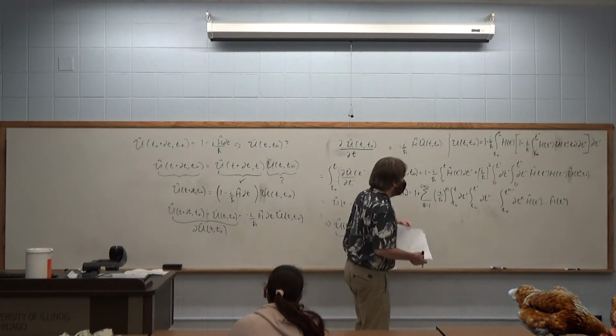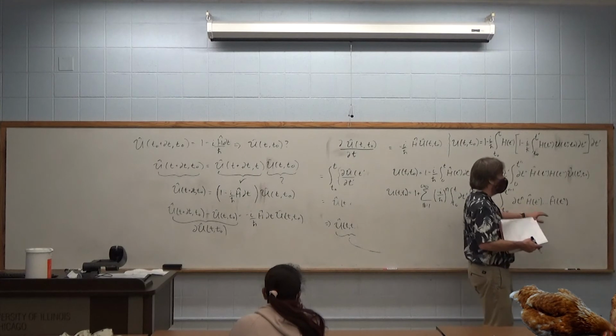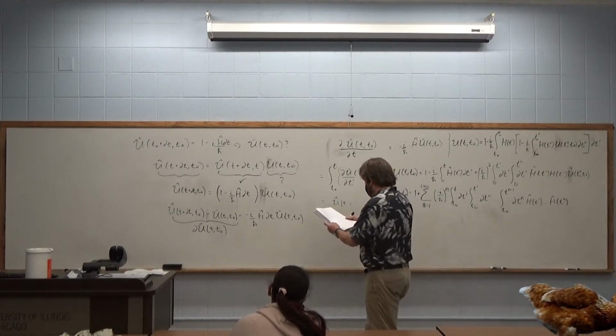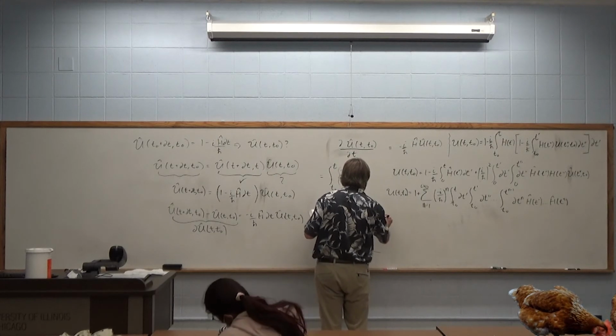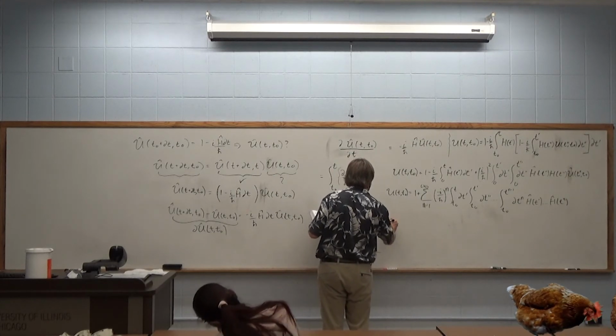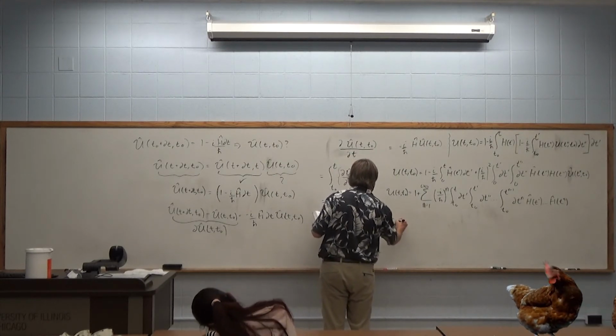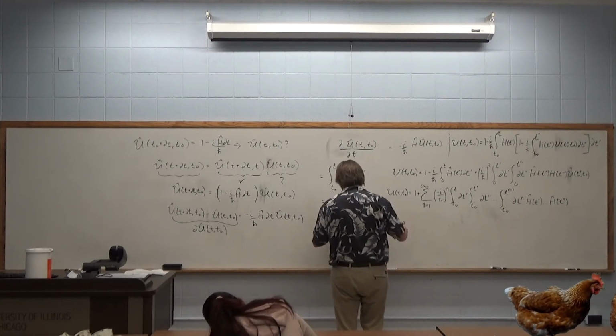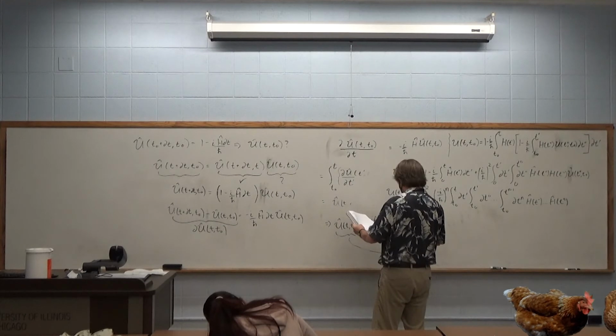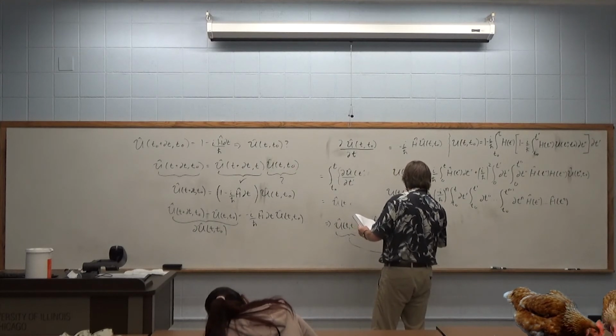Now notice I kept writing the Hamiltonian as a function of time. If the Hamiltonian is not a function of time, then what happens is U of t, t naught.